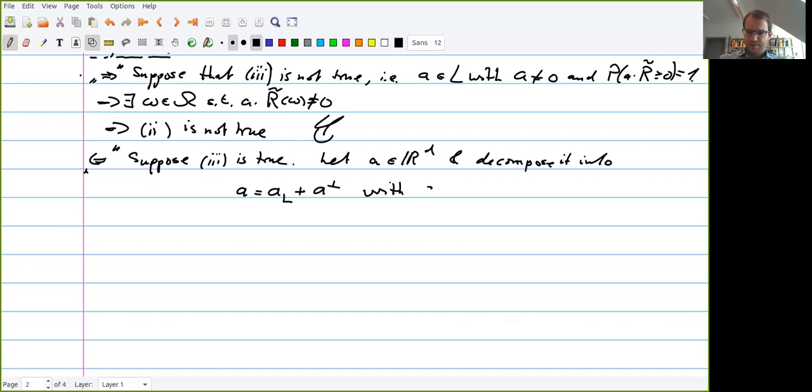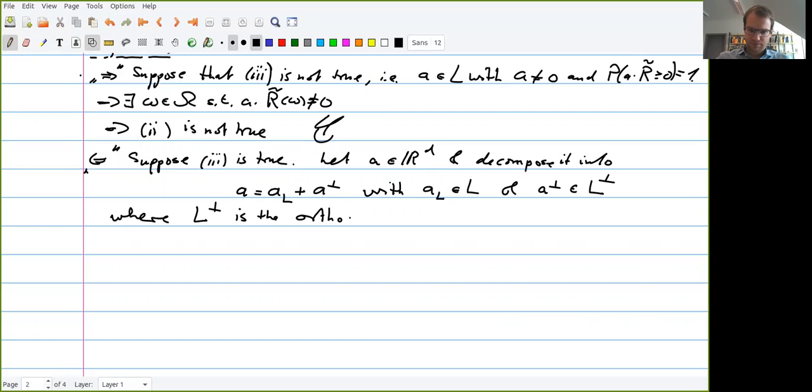So this is the part in L, and then there's a part in the orthogonal subspace of R^d, so the orthogonal space to L in R^d. Let me fix this notation. So L perp is the orthogonal complement of L.